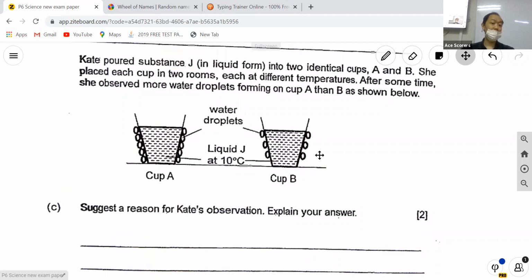There are more here than here. Two different rooms. Cup A is cooler or warmer?